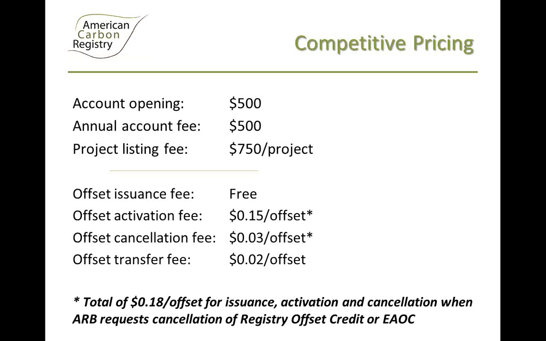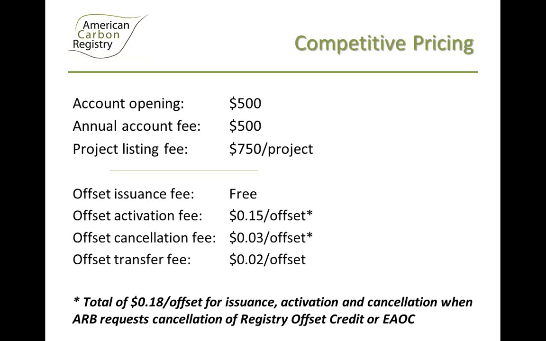There is no fee for issuance of credits, compliance credits or early action offset credits. So you can go through the process of listing, reporting, verifying, and even being issued credits without paying any fees, except for the $750 fee listed above for the project listing review.